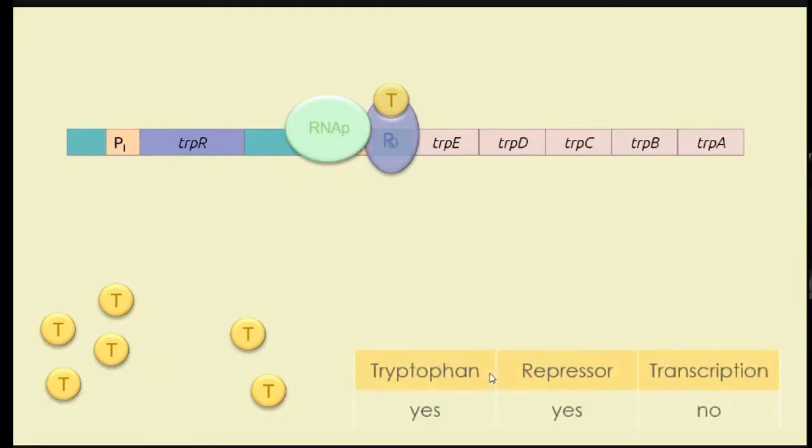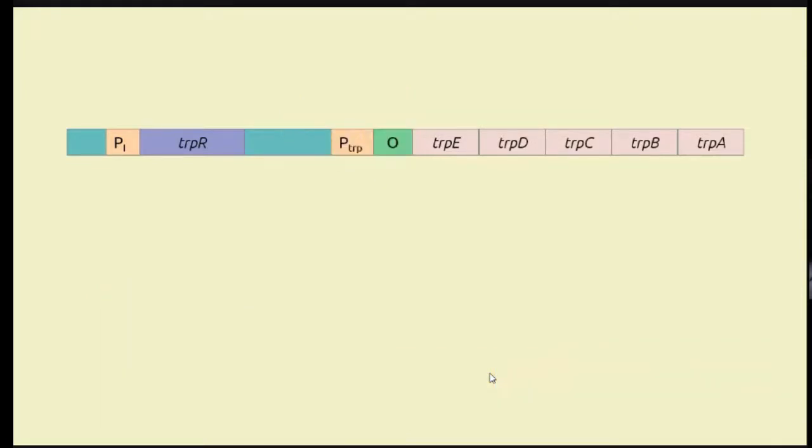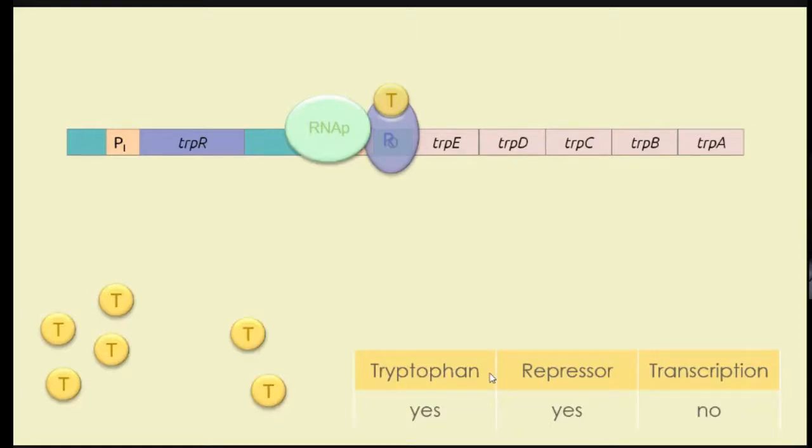So in this case, marami kang tryptophan sa cells ng bacteria. So hindi mo naman kailangan mag-synthesize, di ba? Hindi mo kailangan mag-synthesize kung meron ka nang tryptophan. May repressor, meron. Kasi hindi mo kailangan yung gene for synthesizing tryptophan kasi meron ka nang tryptophan sa loob ng cell. May transcription, wala.